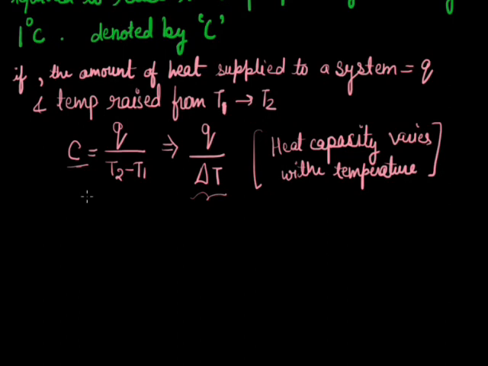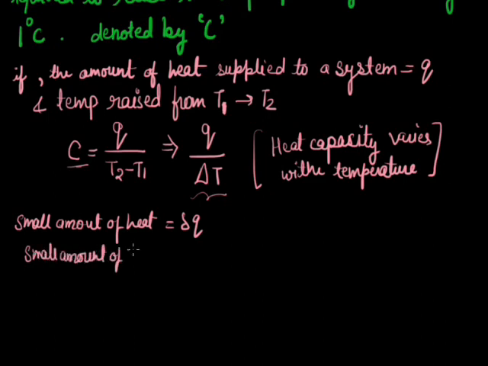If we provide a small amount of heat, delta Q, the small temperature change will be dT. So heat capacity will be C is equal to delta Q divided by dT.